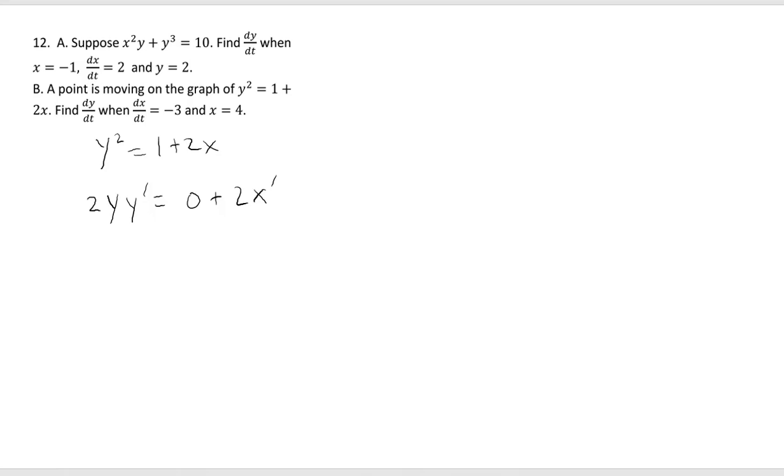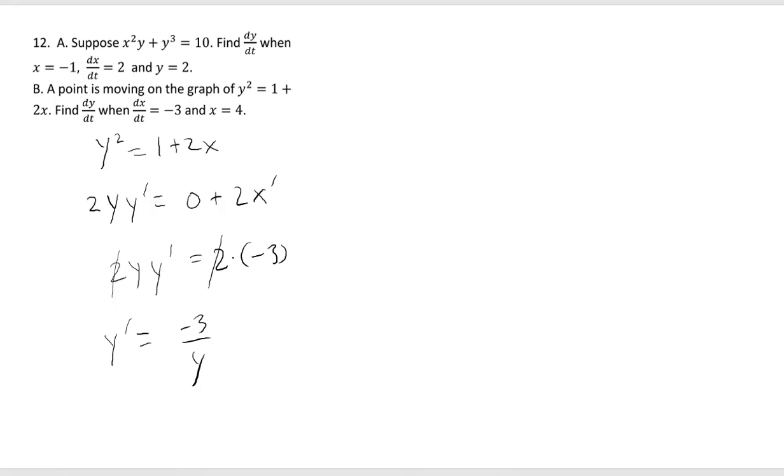Okay, now we plug in dx/dt as -3, and then x is 4, but we can't use that yet, and we have to find y prime. I have this y, so if I divide both sides by 2 and divide by y, I have y prime as -3 over y, but it's not a number, so how do we resolve this y?